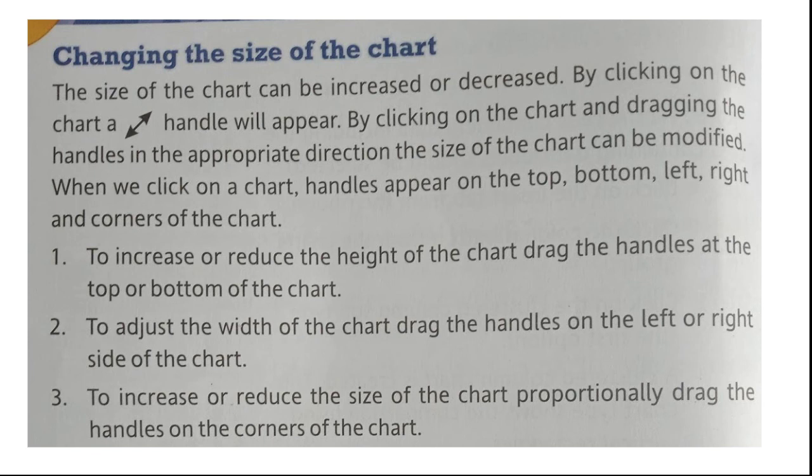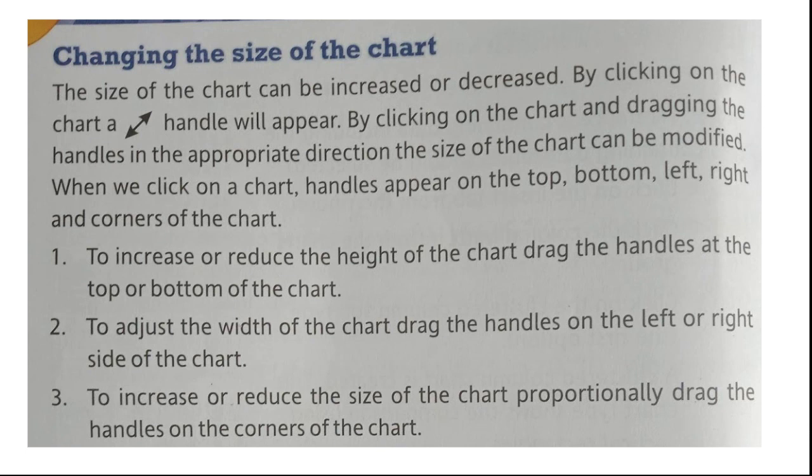To increase or reduce the height of the chart, drag the handles at the top or bottom of the chart. Either you pull up or pull down, that's it. To adjust the width of the chart, drag the handles on the left or right. If you want to make the chart lengthwise bigger, then pull it towards the left.